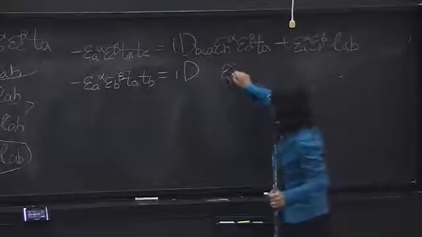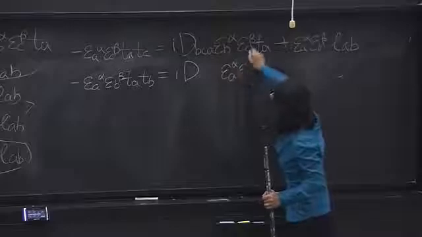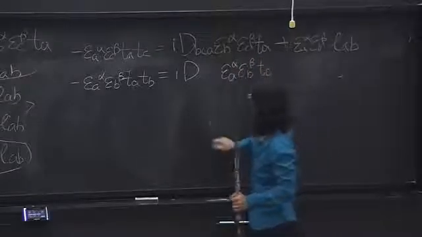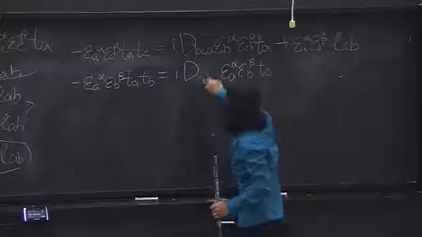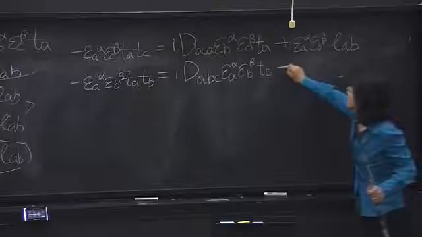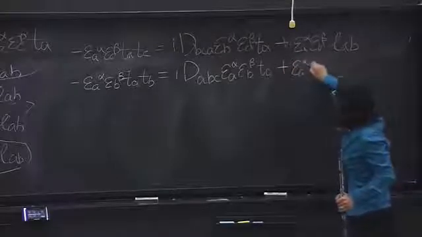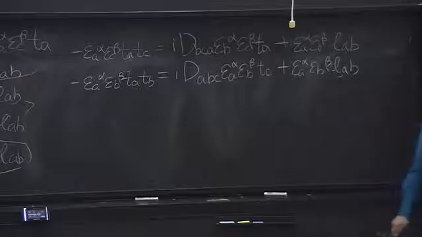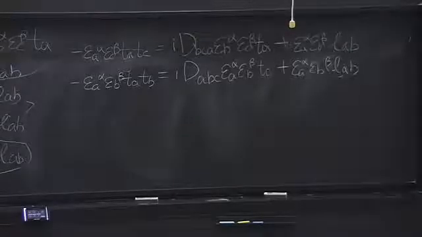I'm going to rename B into A, C into B, A into C. So I get A, B, C. Right? I'm just renaming.